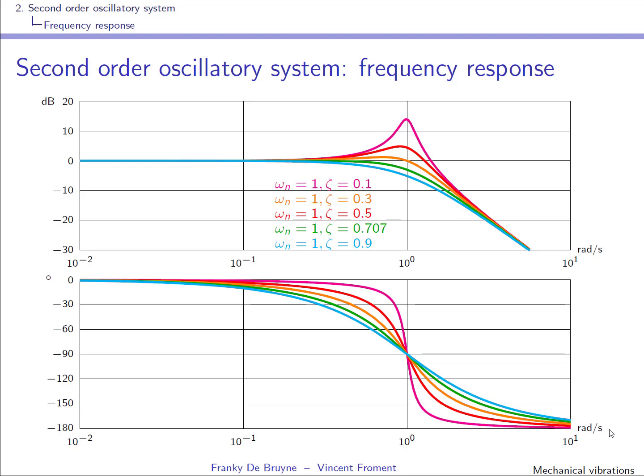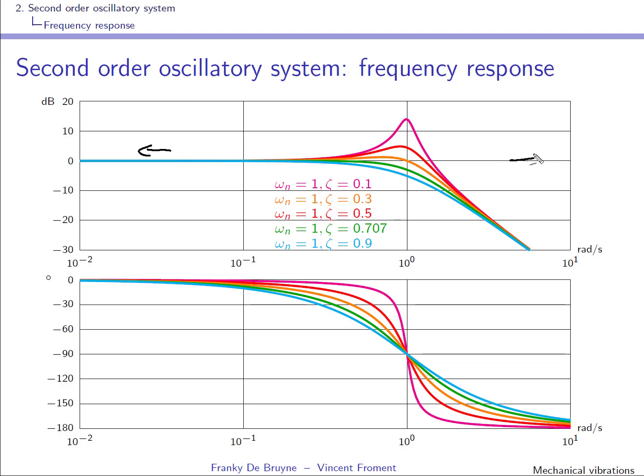Okay, so this is the frequency response of our second order oscillatory system. So indeed you see that when the frequency is small with respect to the natural frequency, the gain is approximately 1 or 0 dB, and there is little or no phase shift, and this is indeed what you see on this side of the Bode diagram.